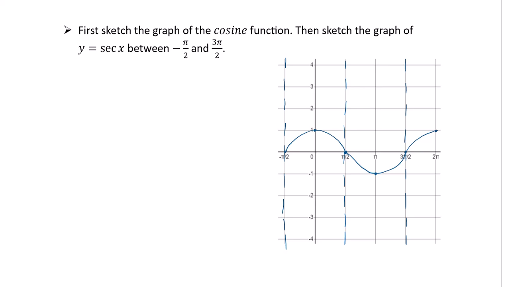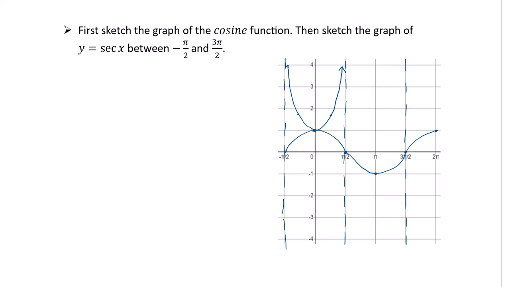At negative pi over 4, I've got a square root of 2, so we're about right here. At 0, I'll be at 1, so sharing a point there with the cosine graph. And at pi over 2, I'm about right here. And remember, the ends of that graph will get pulled towards the vertical asymptotes. So we've got something going on like this. Okay.